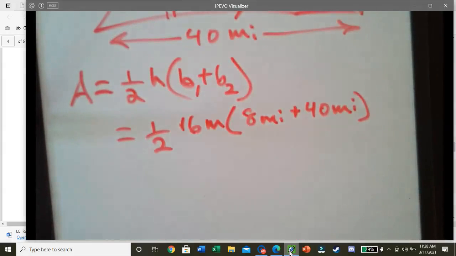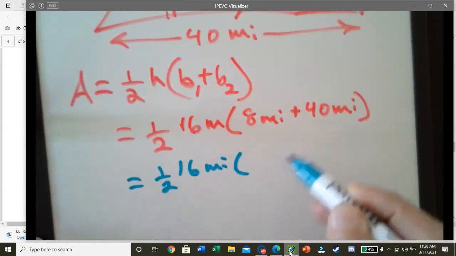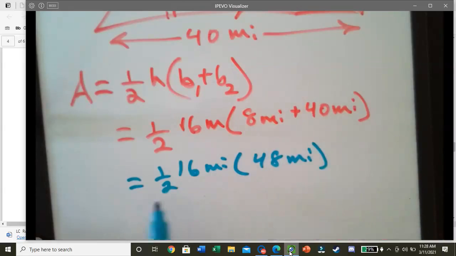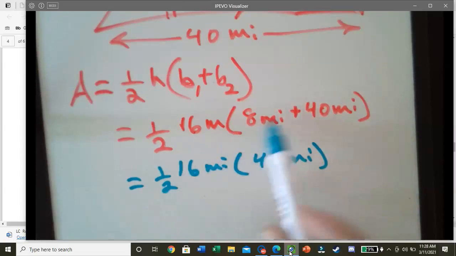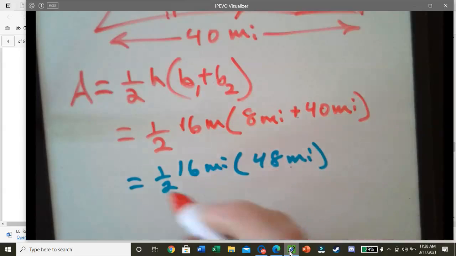Questions with that? All right, so now we're going to get 1/2 times 16 miles times the quantity 8 plus 40, which is 48 miles. Now, if I can cancel when the numbers are small, I definitely want to do that. I cannot do it here because of the plus, but I can do it here. 2 can go into 16, or 2 can go into 48, either one.